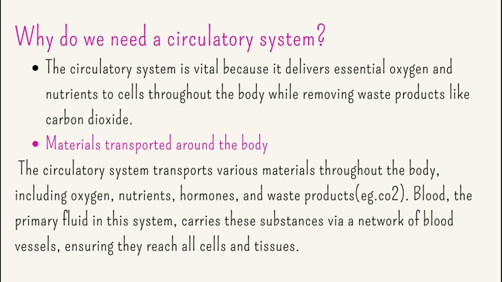Now the circulatory system literally delivers essential oxygen and nutrients to cells throughout the body while removing waste products like carbon dioxide. We know that we as human beings inhale oxygen and exhale carbon dioxide, right? Every single time we inhale that oxygen, every single organ in our body needs that oxygen.